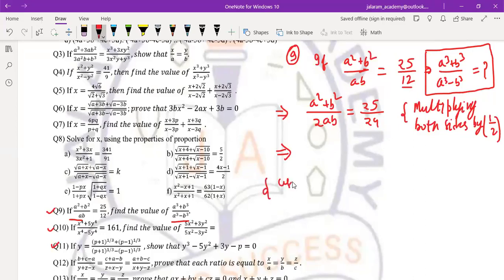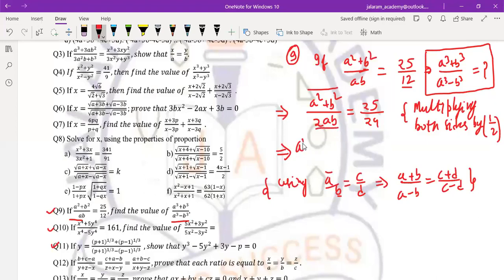Now we use componendo and dividendo: if a by b equals c by d, it implies a plus b upon a minus b equals c plus d upon c minus d. Here the numerator is a square plus b square, and the denominator is 2ab. So we write a square plus b square plus 2ab over a square plus b square minus 2ab equals c plus d over c minus d.